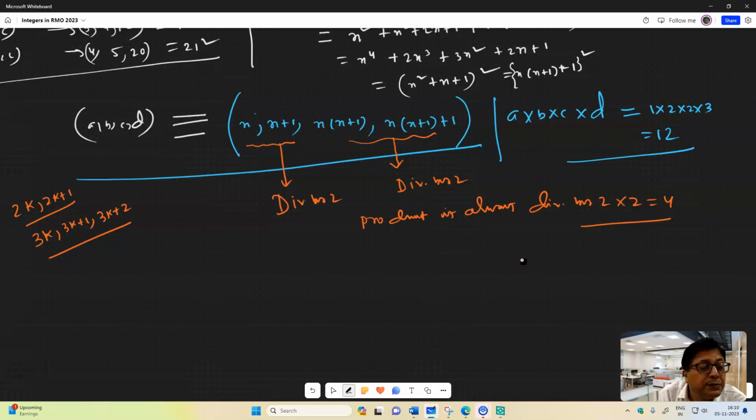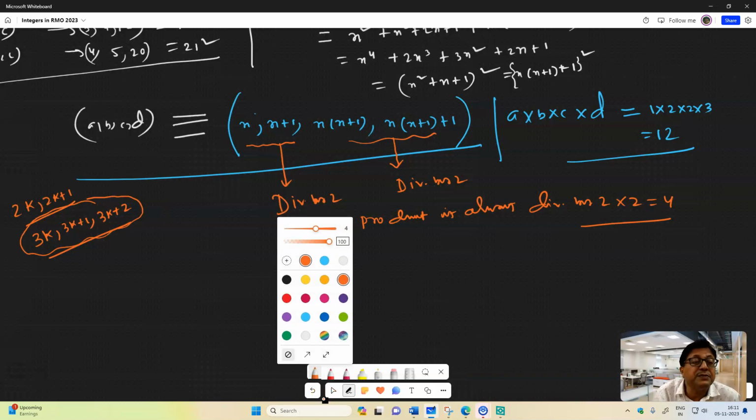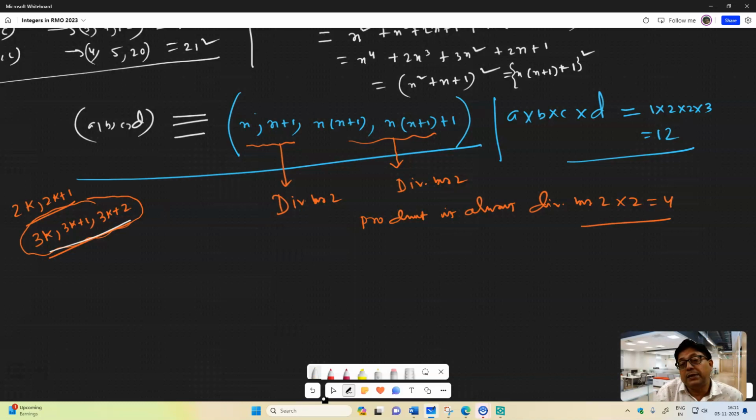So for that, we'll check the divisibility. In integers, there is a concept that if an integer is divided by 3, the remainder will be 0, 1 or 2. So that's why when you test divisibility with 3, we can start taking integers in this form: 3k, 3k plus 1, 3k plus 2.